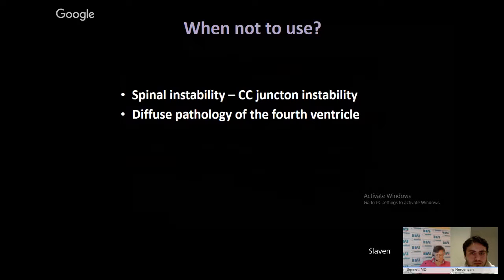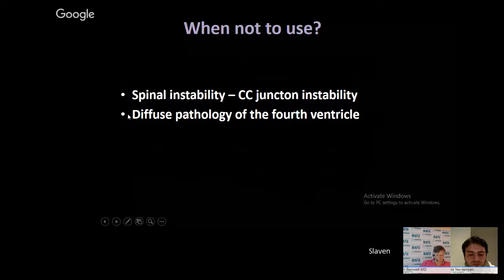So this mostly is in the case of children, because children need some time to develop the muscular stability of the neck and head area, so of this craniocervical junction.